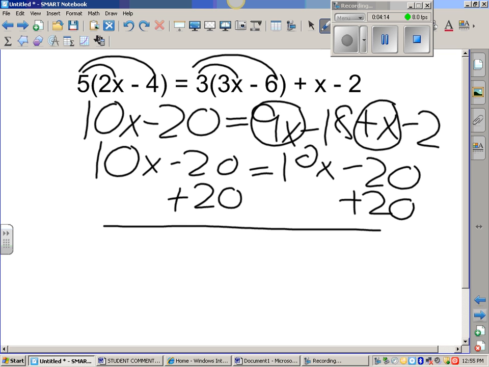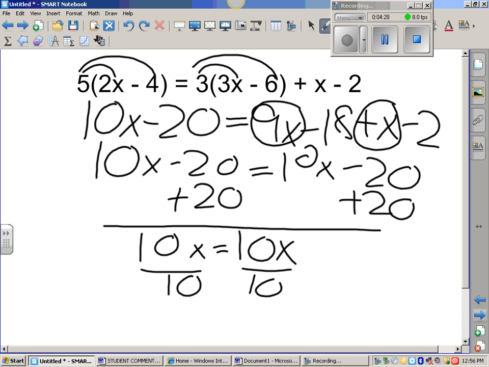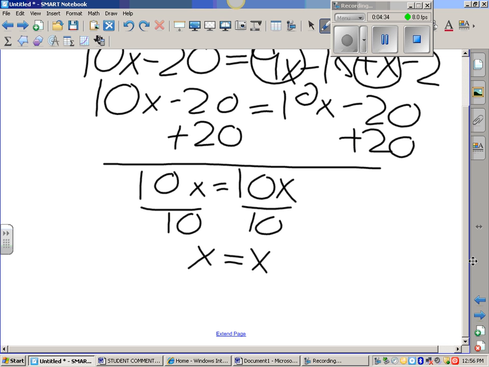That equals 10x equals 10x. And then put the 10 underneath. And then x equals x. So there are infinitely many solutions.